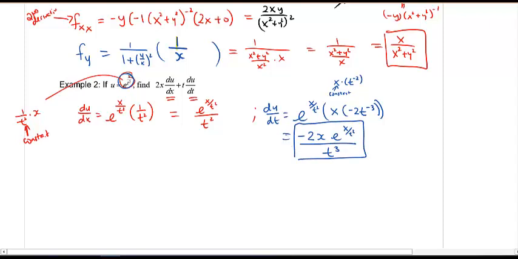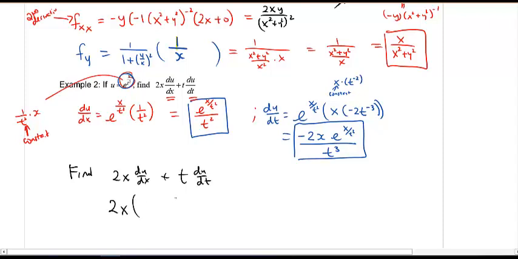Okay, so here are our two expressions, and now I ask you to find 2x times du/dx plus t times du/dt. So I want you just to substitute all those things in. So here we go. du/dx is just e to the x over t squared, all over t squared, plus t.